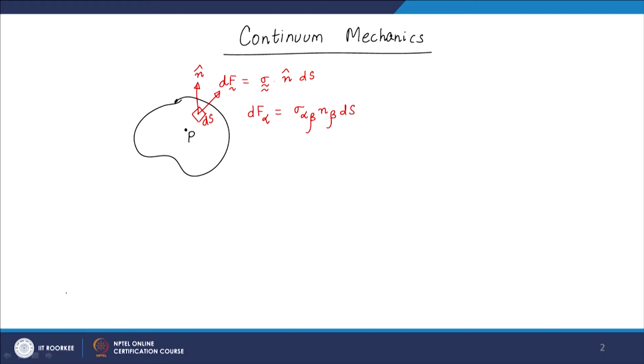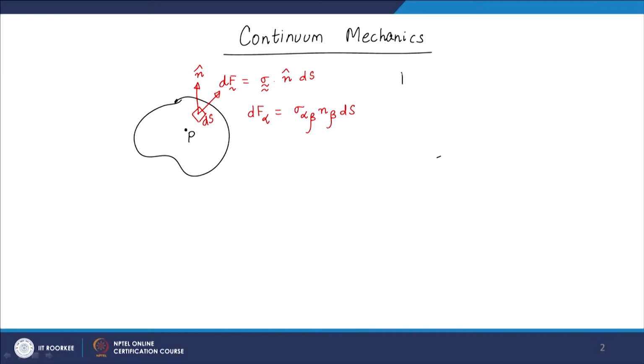If I want to take this idea further and try to find the total force acting on the volume around the material point, the control volume, so to speak, the total force can be found by integrating the dF's, and this will be given by something like this. So now we will make use of what is known as the divergence theorem.